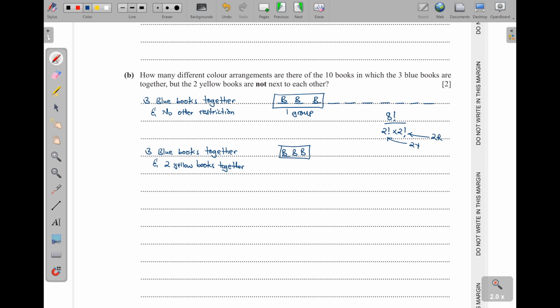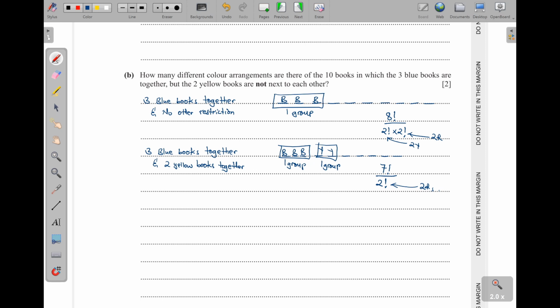All of them are together. Those are 3, 4, 5, 6, 7, 8, 9, 10. Yellows are also together. So this is one group. Then we also have another group here. So altogether this is 1, 2, then 3, 4, 5, 6, 7. So that is going to be 7 factorial. And then we shall have 2 factorial here because there are also 2 R's in here.